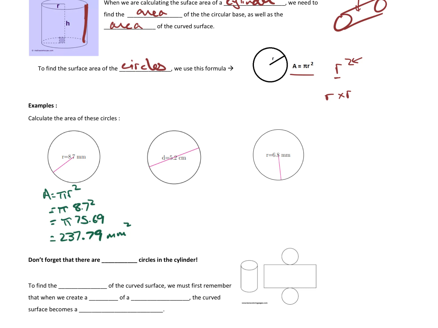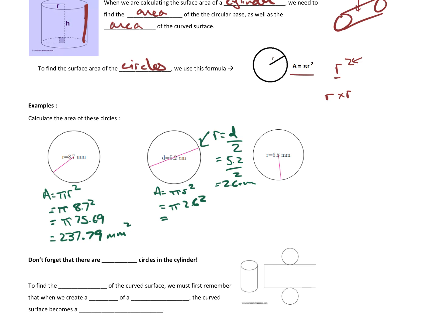In this next one, I first have to find the radius. Remember that the radius is half of the diameter, so 5.2 divided by 2 gives 2.6 centimeters. Then I use my formula, pi r squared, with 2.6 squared. If I were just to do 2.6 times 2, I would get 5.2 again, but that is incorrect.